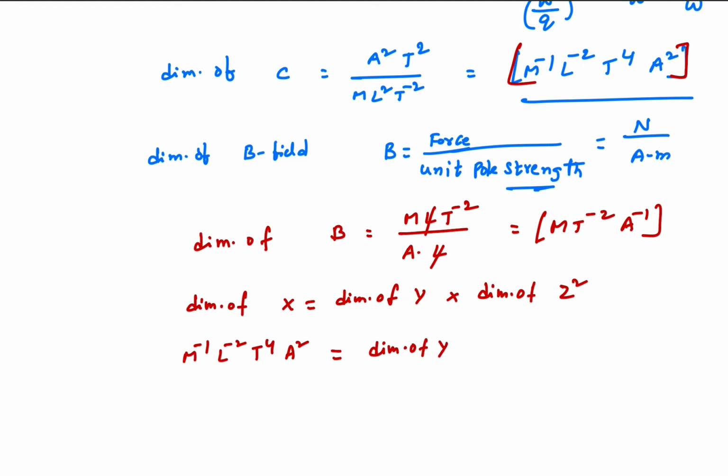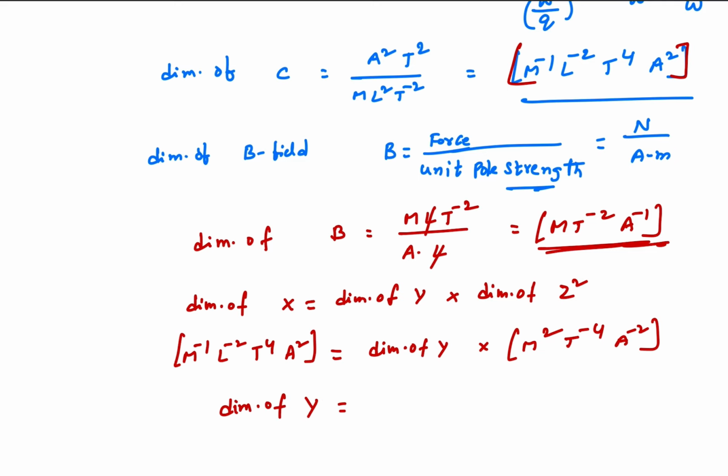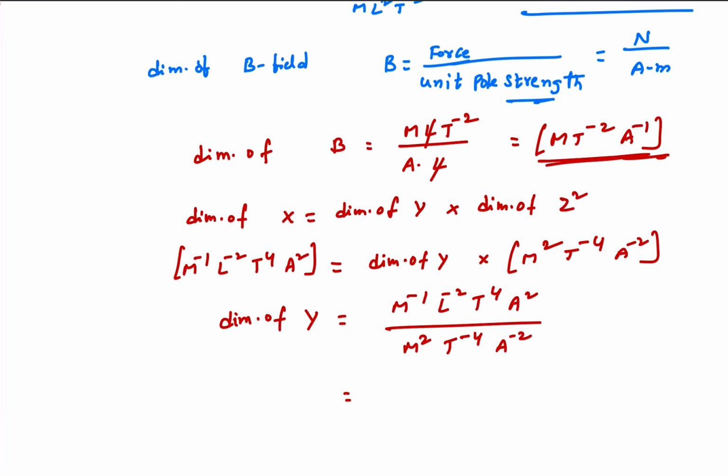is equal to dimension of y into dimension of z square. Z square means we have to square it: M square T power minus 4 A power minus 2. Now dimension of y is equal to M power minus 1 L power minus 2 T power 4 A square, whole divided by M square T power minus 4 A power minus 2.